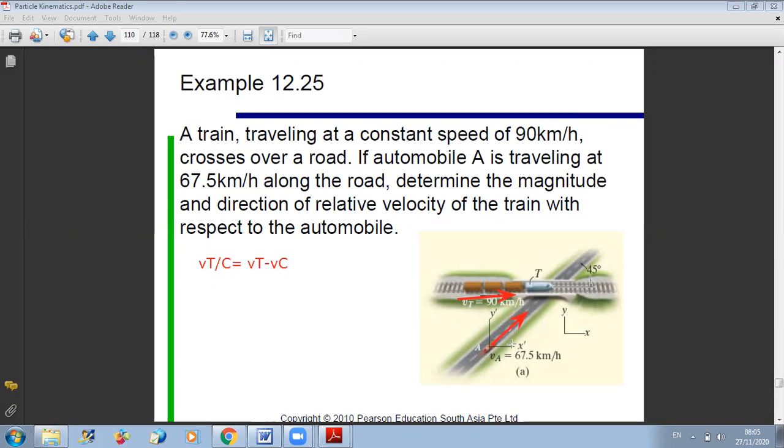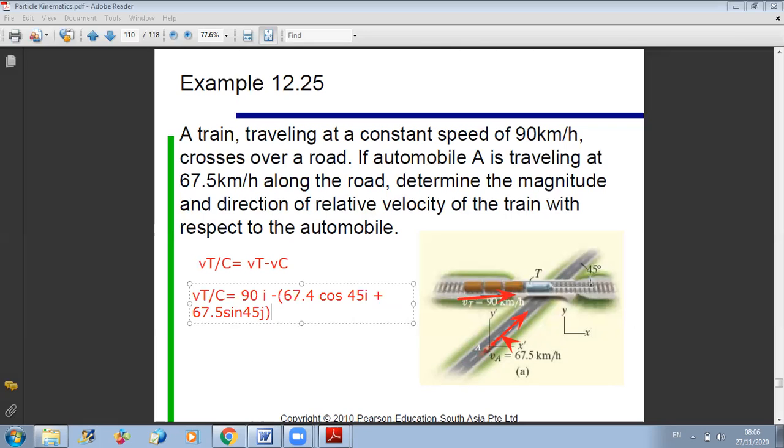We know the angle here is 45 degrees, so we can simply write that the velocity of the train with respect to the car is equal to 90I minus, for the velocity of the car, we will divide it, as we said, into two components. So it's 67.5 cosine 45 along I plus 67.5 times sine 45 along J.